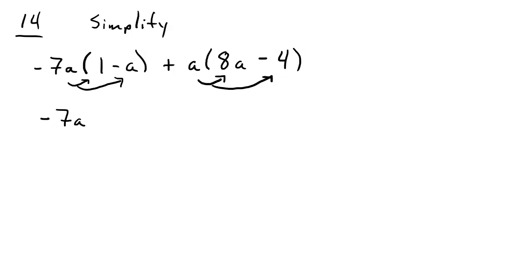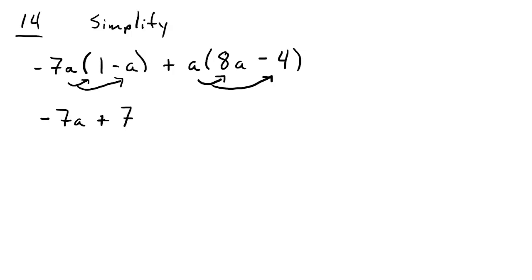So we have minus 7a times negative a. So first of all, we have two negatives, so that's going to be a positive when we multiply those two. The second thing is, remember that when we just see a variable, it's understood that its coefficient is 1. So we just have 7 times 1, so we have these 7 right there.